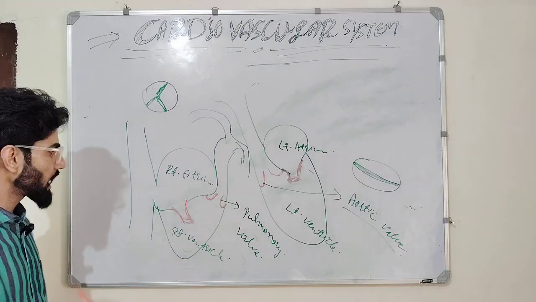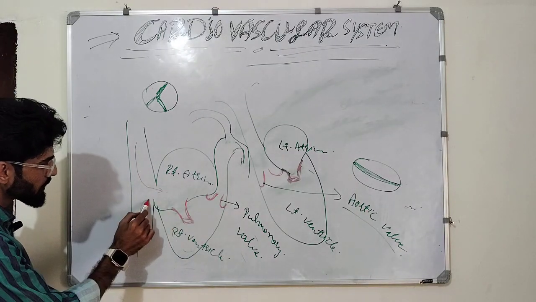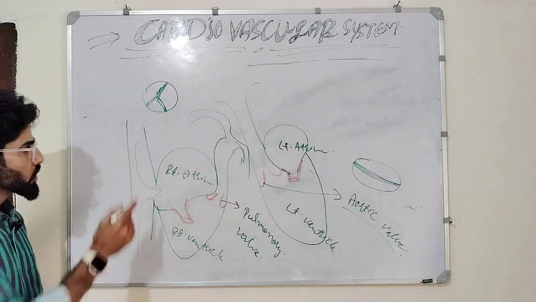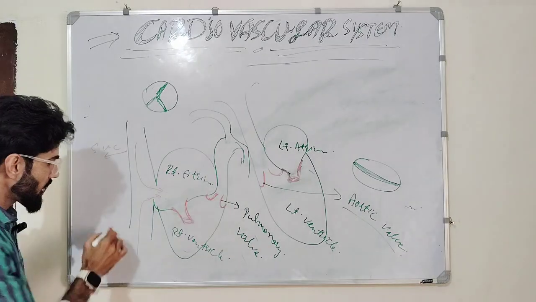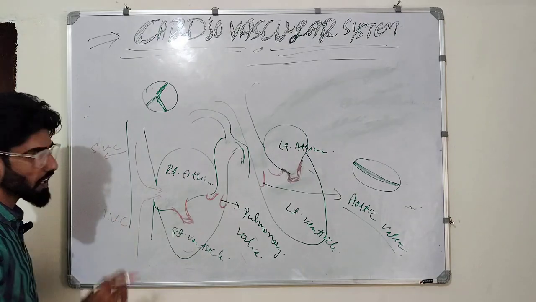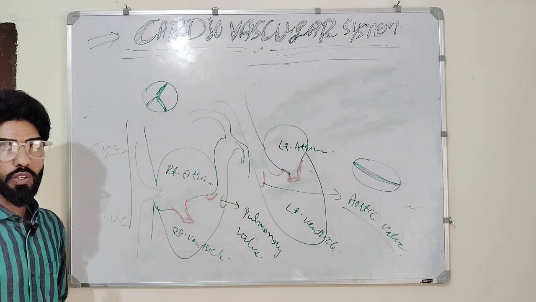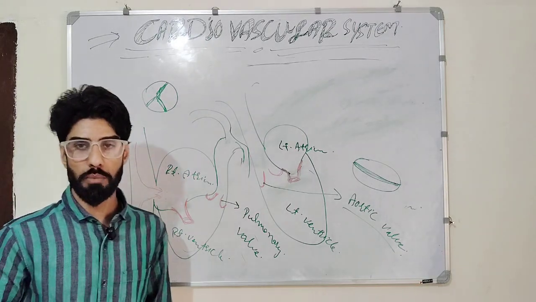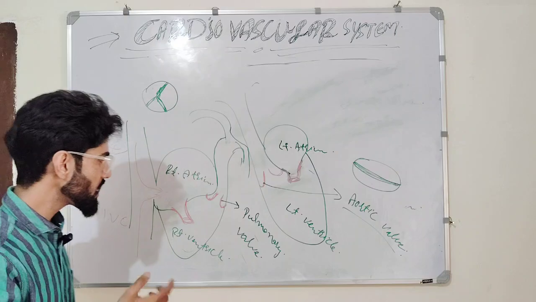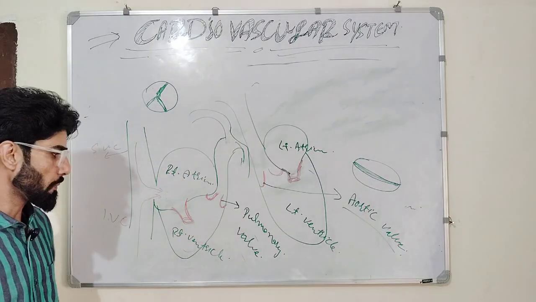So I will repeat it again. Normally the caval blood, the venous blood, will be drained through the superior vena cava and inferior vena cava. The superior vena cava will take venous blood from the superior part of the body, and the inferior vena cava will take blood from the lower extremities, and it will drain into the right atrium.